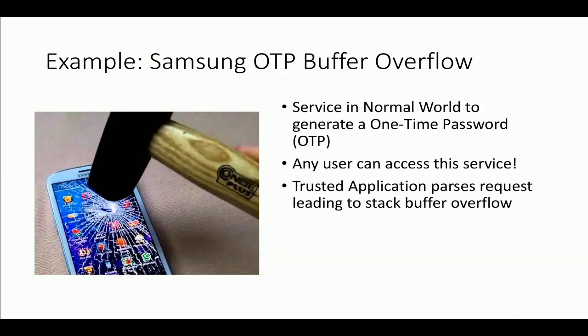So if you were any user on Android, and SELinux and everything allowed anybody to do it, you could ask it to generate a one-time password for you, which doesn't sound that bad. The problem was that whenever you pass it some data to do this, there was a buffer overflow in the parser for that. So any user can now do a buffer overflow inside of the trusted world.